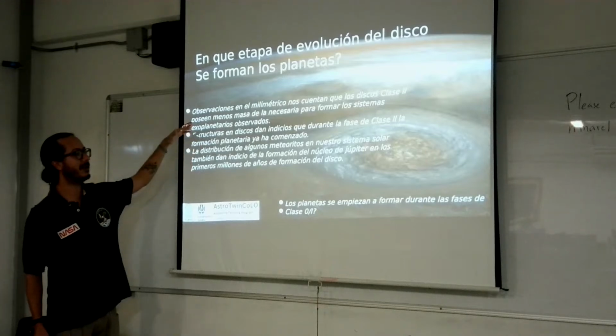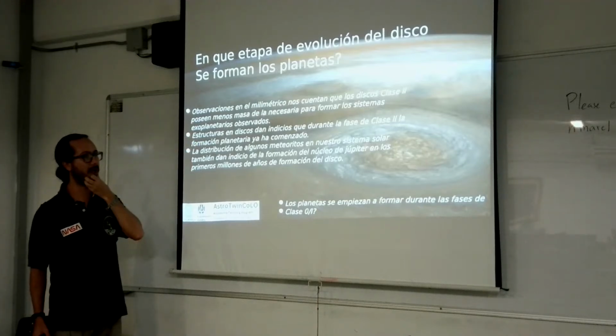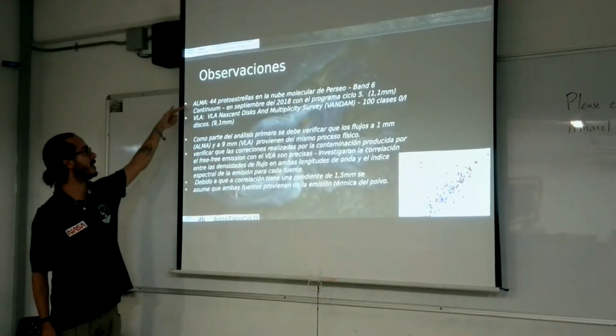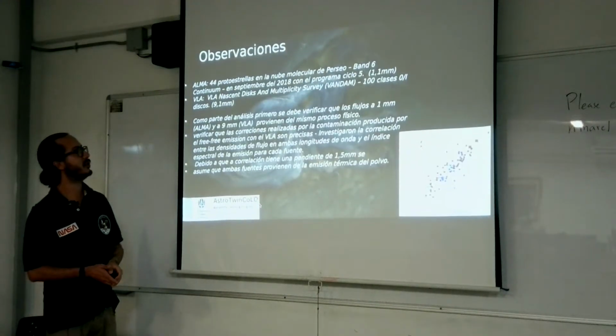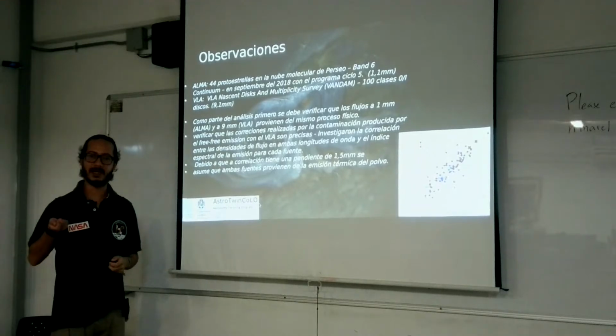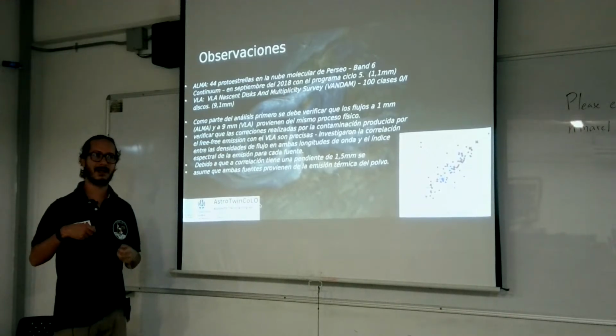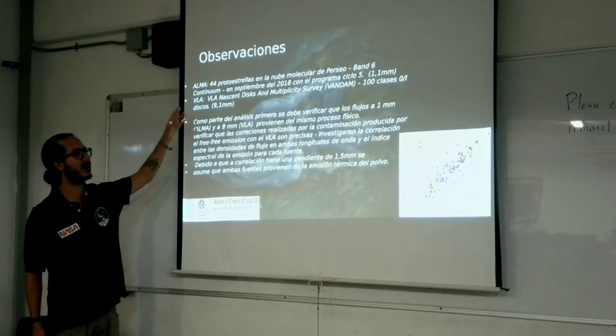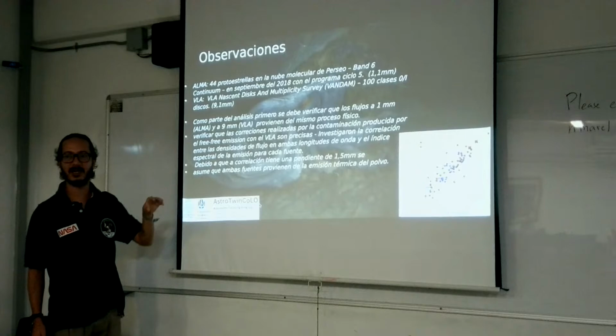Yeah. So the idea is they take into account a lot of measures and observations with ALMA and VLA to measure the mass of the dust in the class 0 and class 1 young stellar objects.